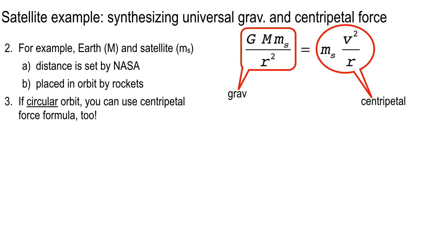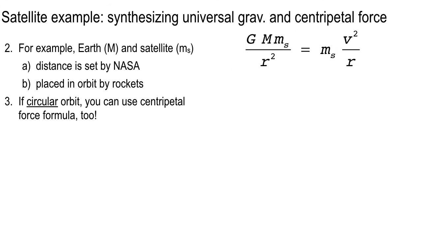And mv squared over r, the centripetal force on the right side there, you could use that for any circular motion. If you have a circular train track in the basement at home at Christmas time, going around and around a circle, that's a horizontal circle, and it's going to have a centripetal force that the railroad tracks have to provide to your model railroad. But this is orbital, and so it hooks up to the gravitational force law.